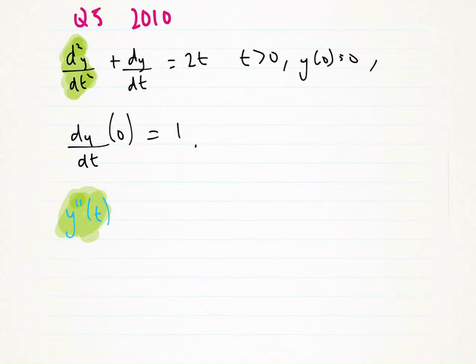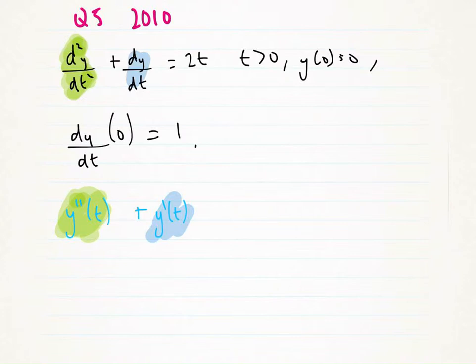The next one is just y of t, and there should be a little dash here. That's just to show that it's differentiated once.